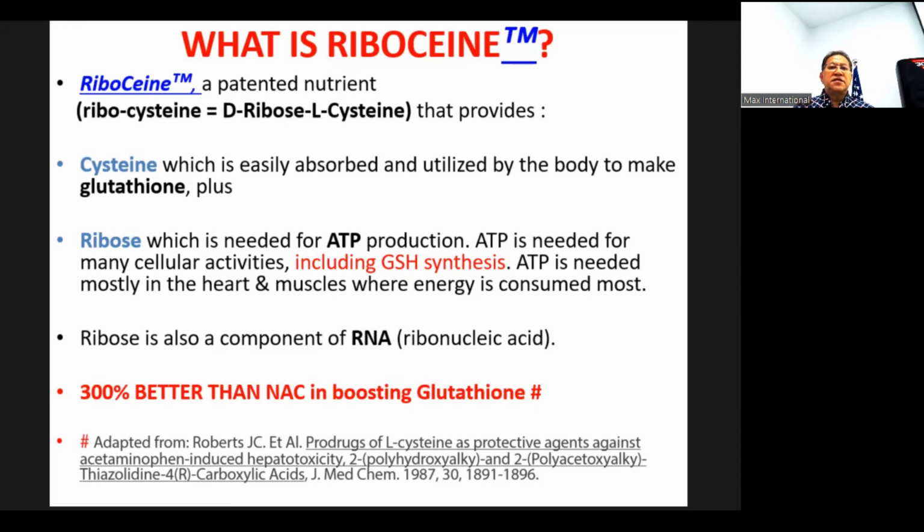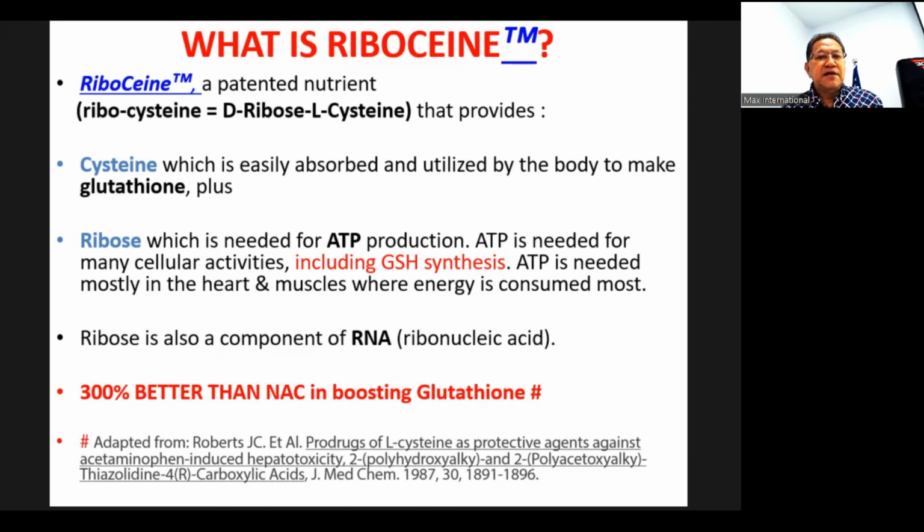And ribose is needed for ATP production. ATP is the energy carrying molecule, and ATP is needed for many cellular activities, including glutathione synthesis. So the energy required to make glutathione with the extra cysteine that you have is now provided by the ribose, which was used to stabilize cysteine. So that is the brilliance of this molecule.